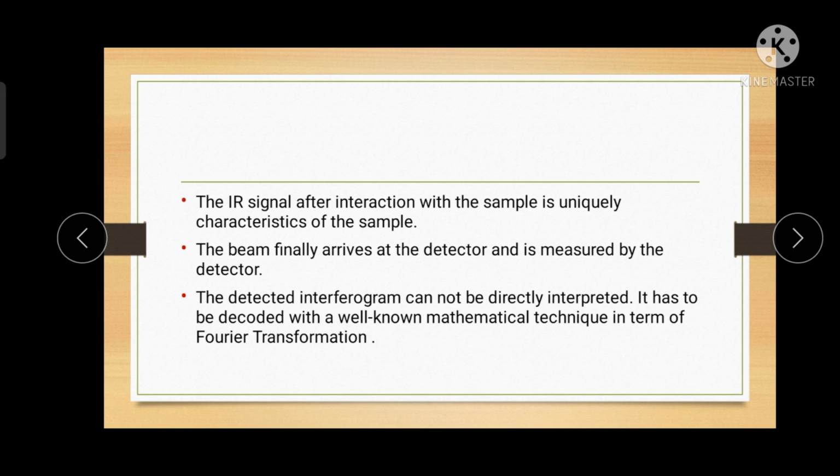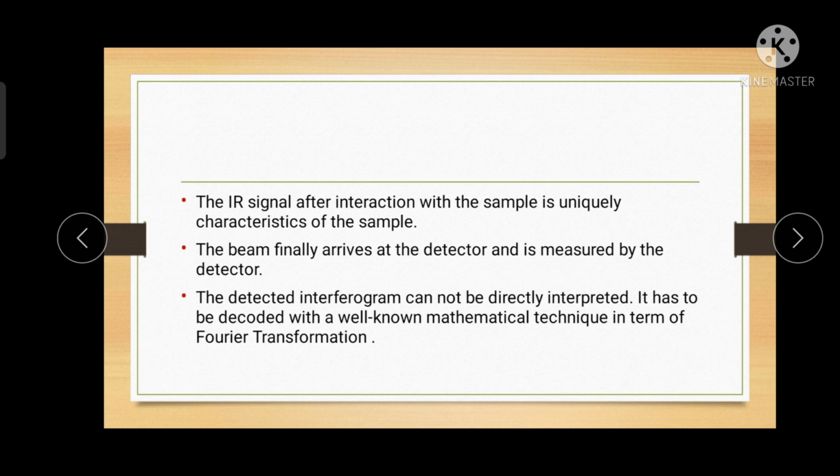So with the help of Fourier transformation techniques we are able to get the information about each and every frequency component of the source, and this emitted radiation of each and every frequency interacts with the sample, and we get nearly all characteristics of that particular sample.